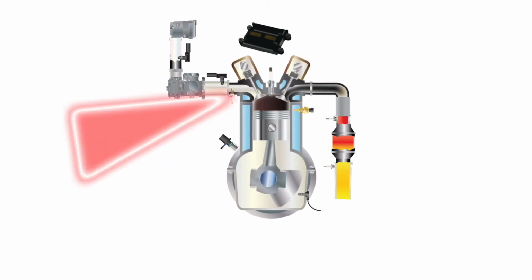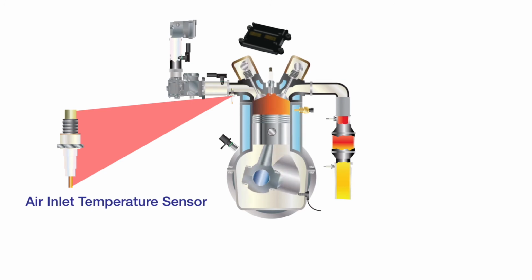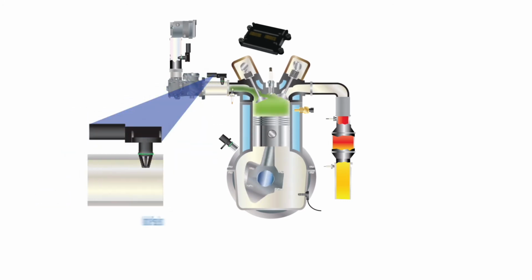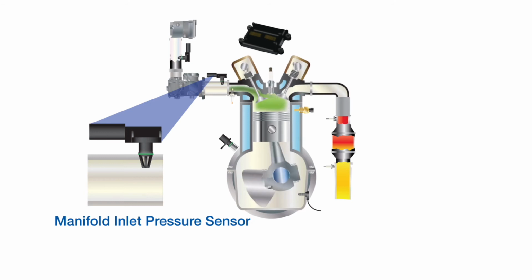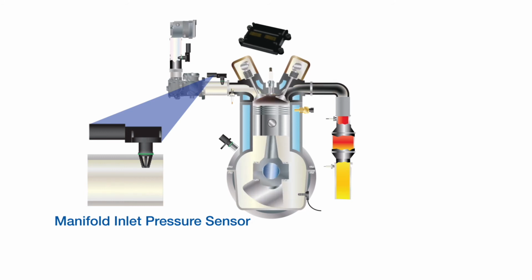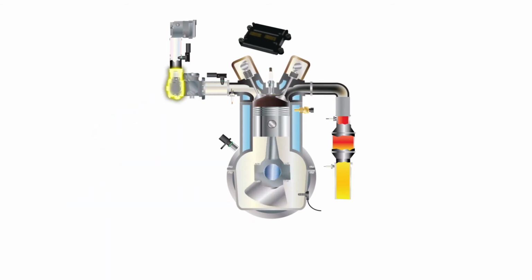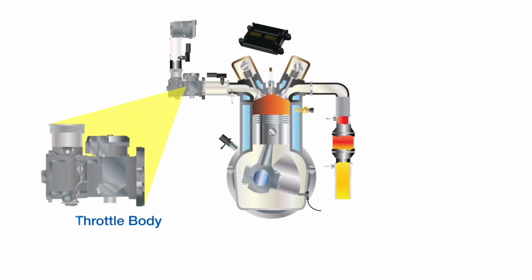A sensor measures the temperature of the inlet manifold air and works with the coolant sensor to maintain a constant, even air-fuel mixture when the air density changes. This sensor senses the inlet manifold pressure for the ECU to determine how much fuel is required for ignition in any given cylinder. The ECU sends signals to the engine throttle body to change the fuel mixture to the engine.